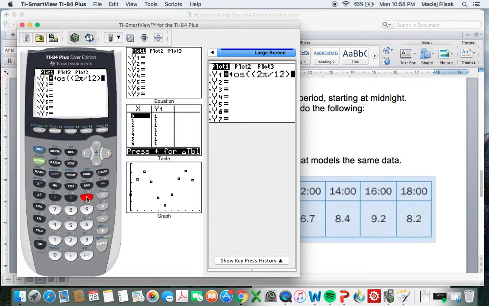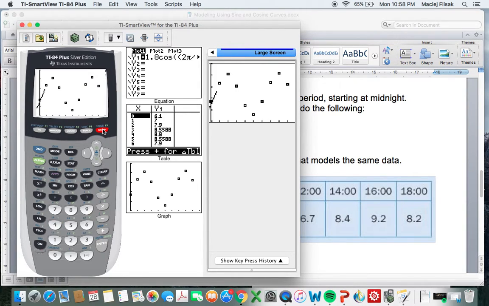Close that parenthesis, and then open a new parenthesis, x minus 4, close it, double close it, add the other translation, the vertical one, 7.4, okay, enter. Graph. All right, the moment of truth, how close is our model?